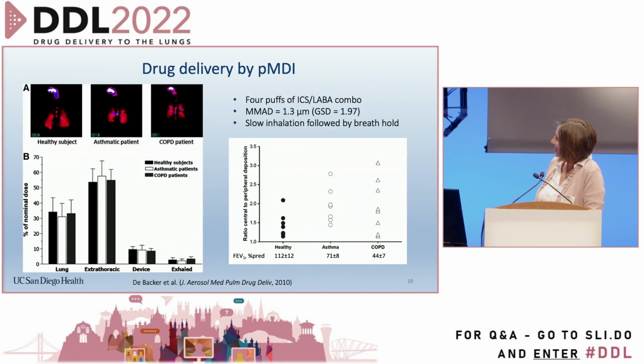In another study by De Backer at the University of Antwerp in Belgium, they looked at three different groups of subjects, healthy, asthmatic, and COPD, where they used 4 puffs of an ICS-LABA combo, very fine particles with an MMAD of about 1.3 micron, and they asked for a slow inhalation followed by a breath hold. And they looked at the central to peripheral deposition ratio, which I talked about in a few slides before this.